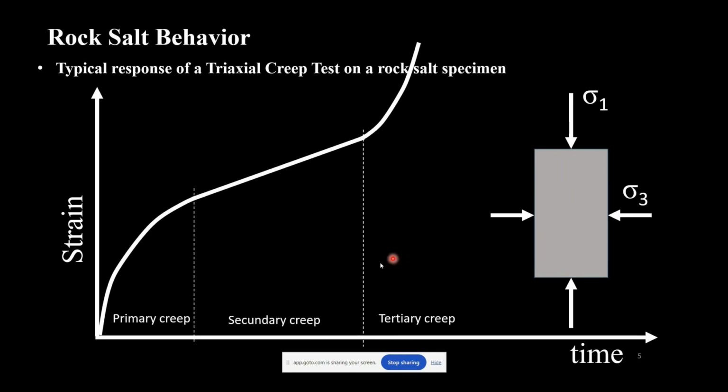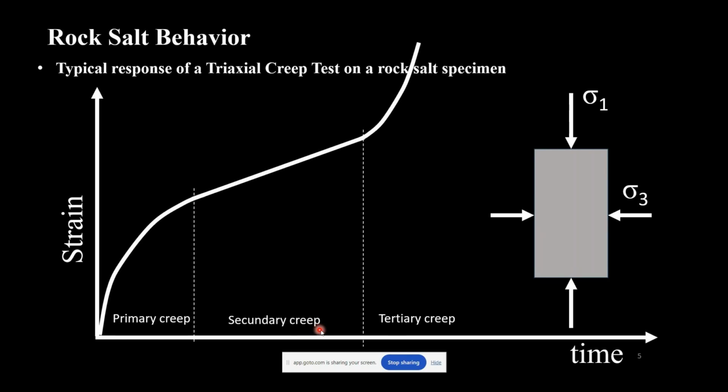And in order of importance, because the secondary creep remains for several years during the lifetime of a salt cavern, the secondary creep is much more important than the primary creep, because the primary creep will act for a small period of time, and the secondary creep will be there along the salt cavern lifetime.